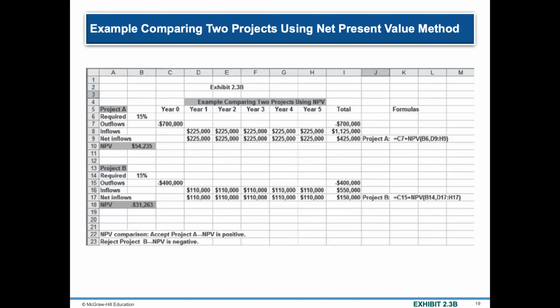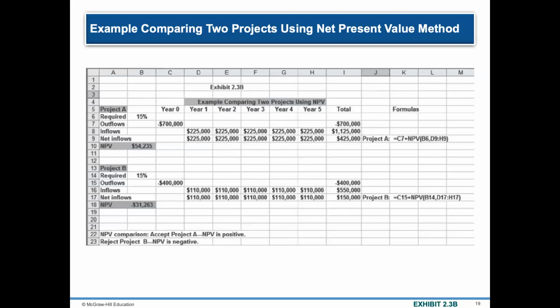So you shell out 400,000 and it brings you 550,000, cash flow positive 150K. But if you discount 150,000 by 15% for 5 years, it turns out that the net present value is actually negative.